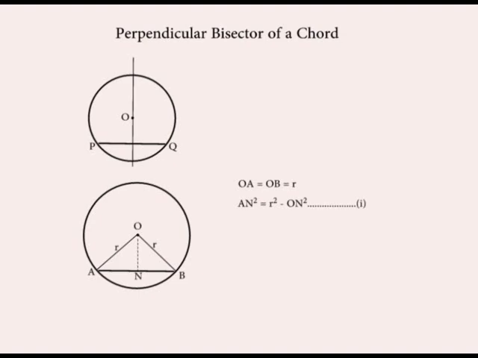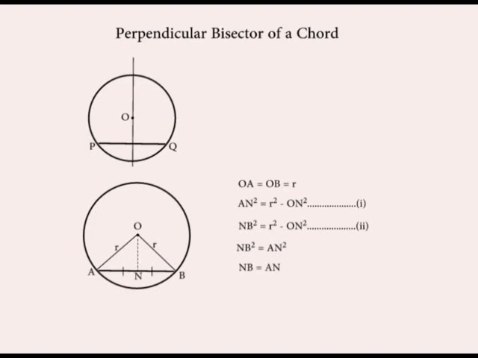BON is also a right angled triangle at N, such that NB squared is equal to R squared minus ON squared. From equations 1 and 2, we can deduce that NB squared is equal to AN squared, and therefore NB is equal to AN.